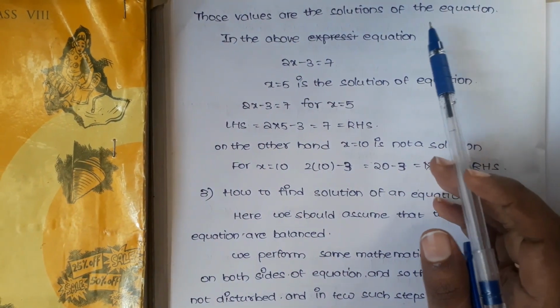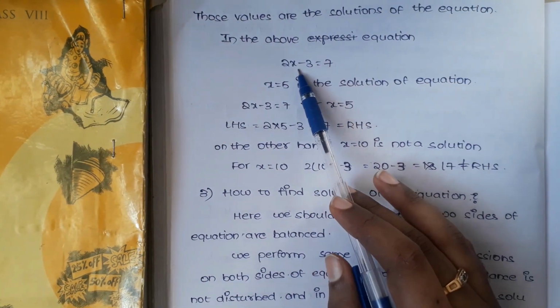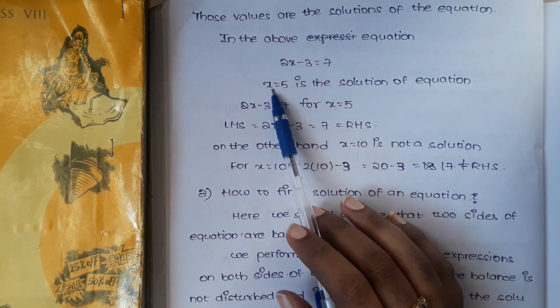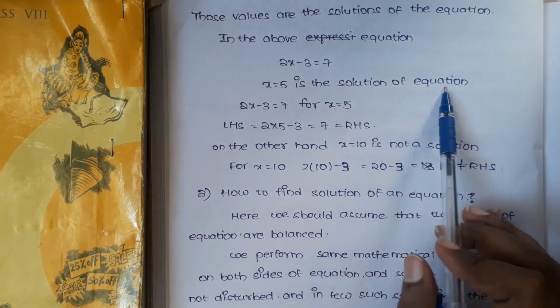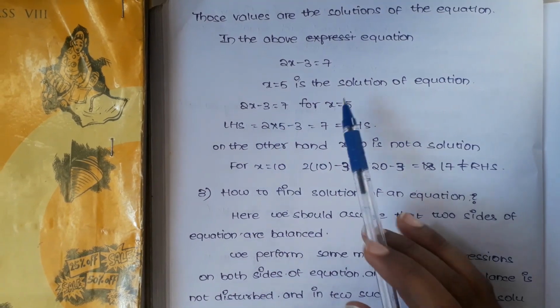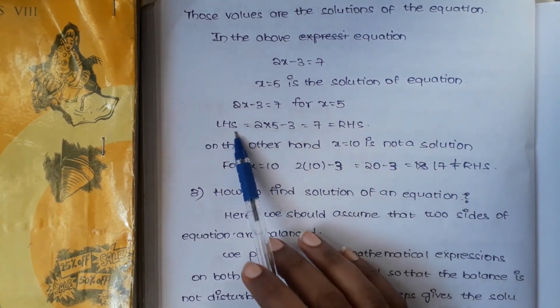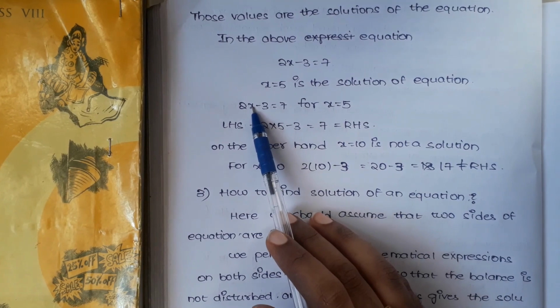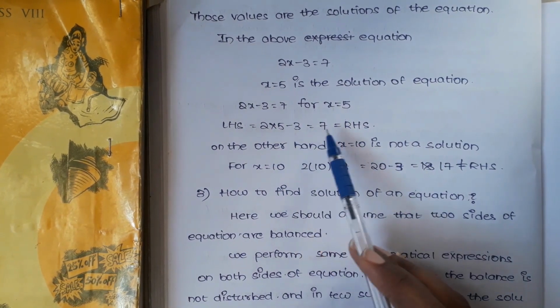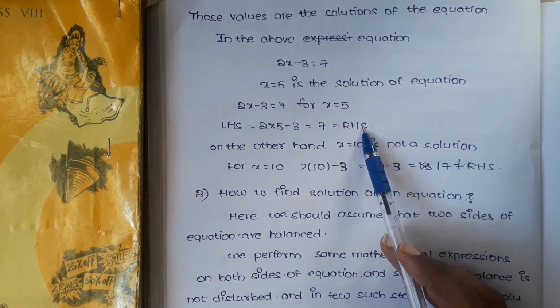Here let us see the equation 2x minus 3 equals 7. In this equation, x equals 5 is the solution. Let us see how. 2x minus 3 equals 7 for x equals 5. LHS equals 2 into 5 minus 3, which equals 7, that is equal to RHS.